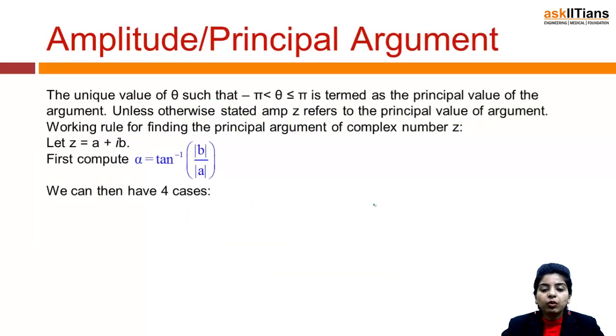Next is amplitude or principal argument. The unique value of theta such that minus pi is less than theta is less than or equal to pi is termed as the principal value of the argument. So the unique value of theta such that this holds true is termed as the principal value of argument. That means we'll be discussing that only in minus pi to pi.